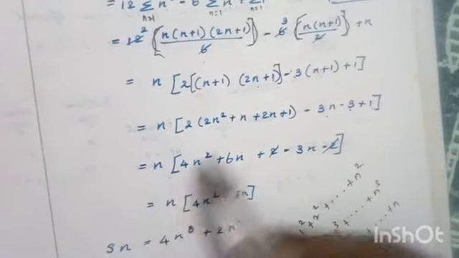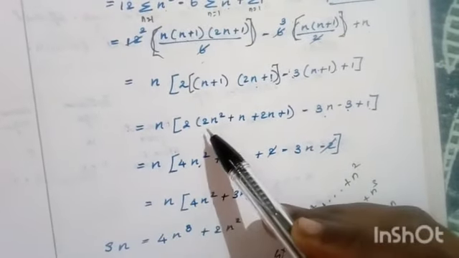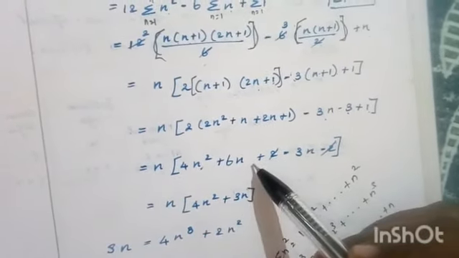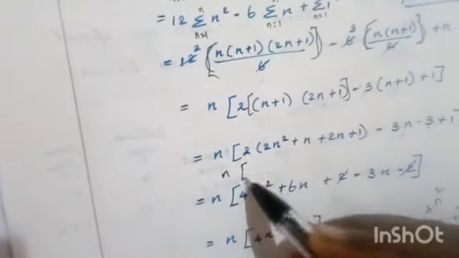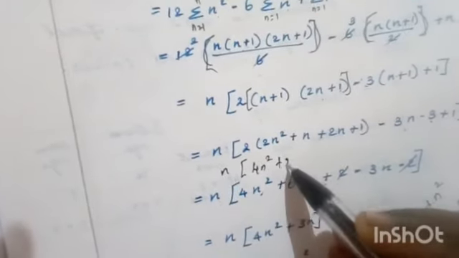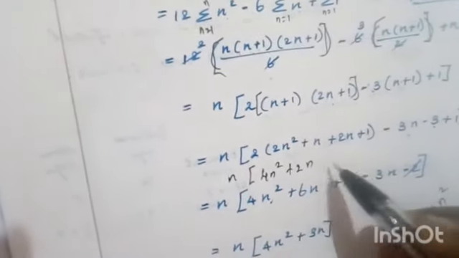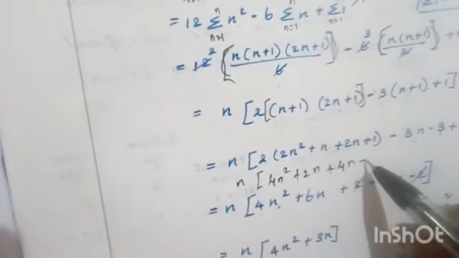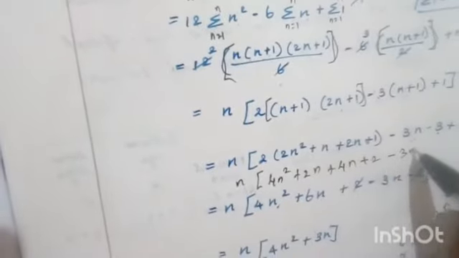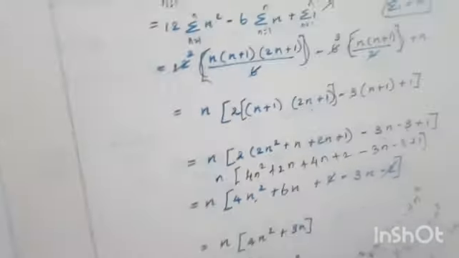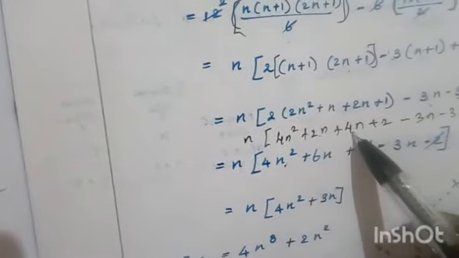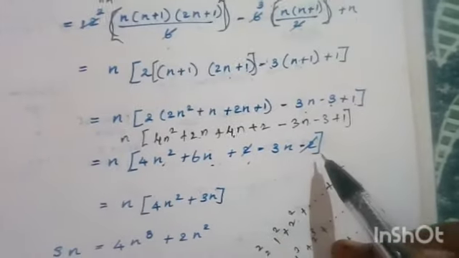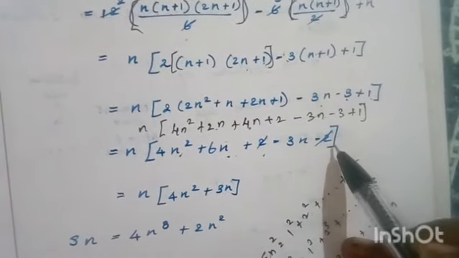So now for n into, taking this 2 inside, that is 4n square plus 2n plus 4n plus 2, minus 3n minus 3 plus 1. So 4n square, add these two, 6n plus 2, minus 3n minus 2. So now plus 2 minus 2 cancel.